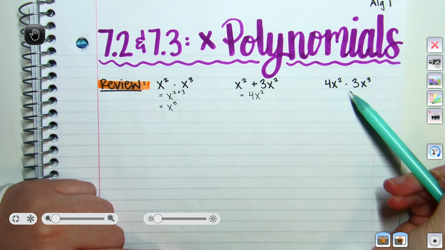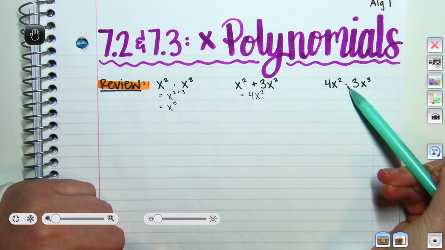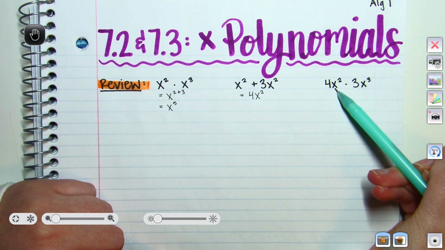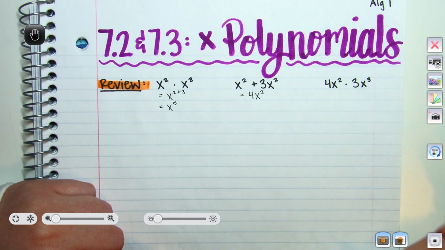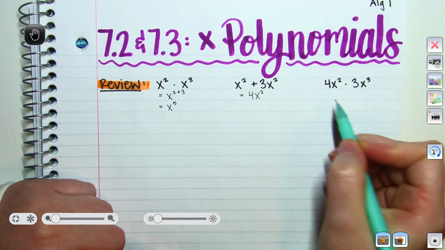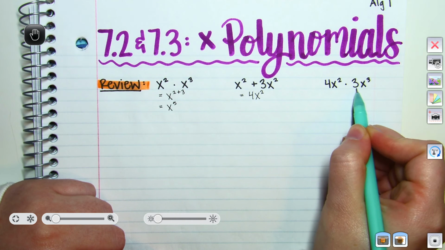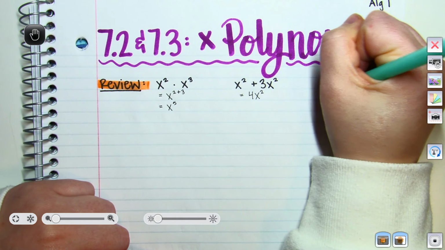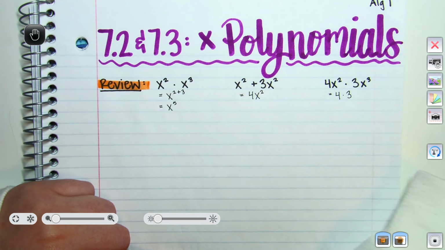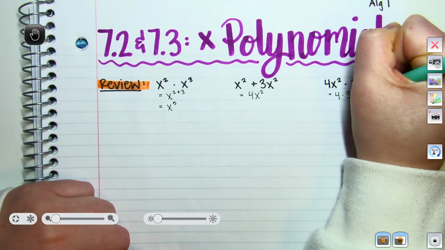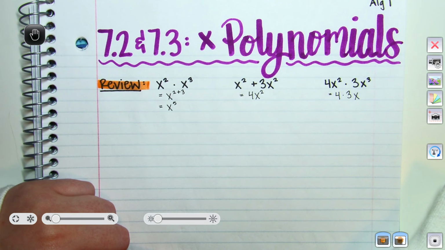And then for the last one, now we're multiplying together again. We have the same base of x, but then we also have these coefficients out in front. So what we do here is we have to multiply this 4 and the 3 together, and then we have that base of x. And then do we add or multiply the exponents?